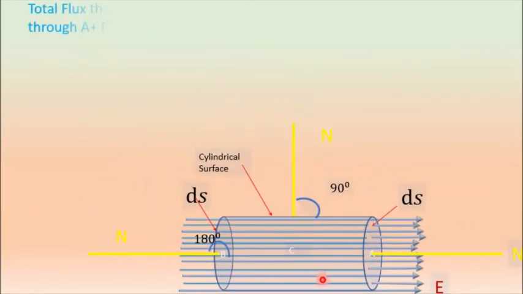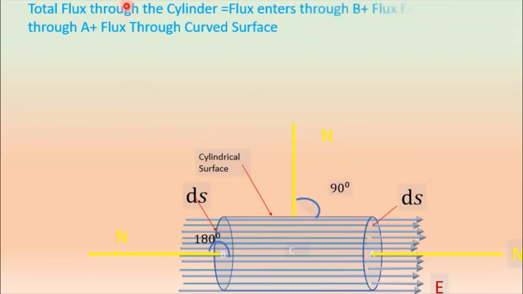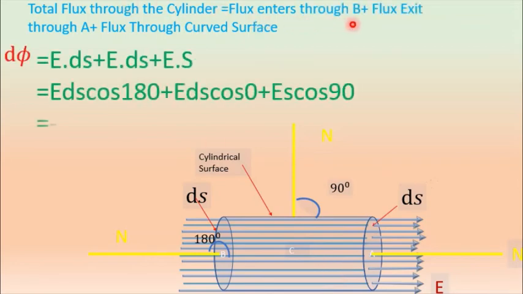The total flux through the cylinder is calculated by flux entering through B plus flux exiting through A plus flux through the curved surface. Flux entering through the surface B is E dot ds. Exit through the surface A is E dot ds. Plus the total flux through the curved surface is represented by E dot S.